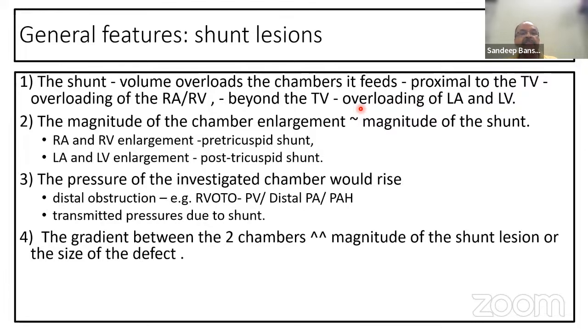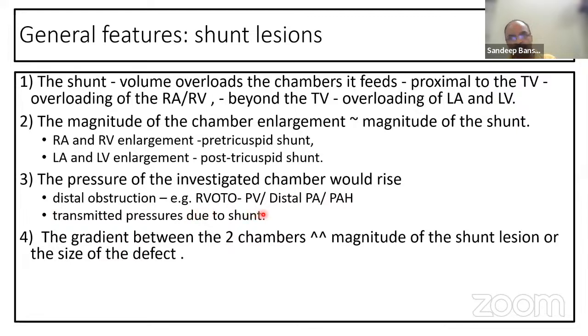And likewise, the pressure of the chamber to which the shunt is taking place would rise if there is right ventricular outflow tract obstruction, or there is distal pulmonary arterial obstruction, or there is pulmonary arterial hypertension.